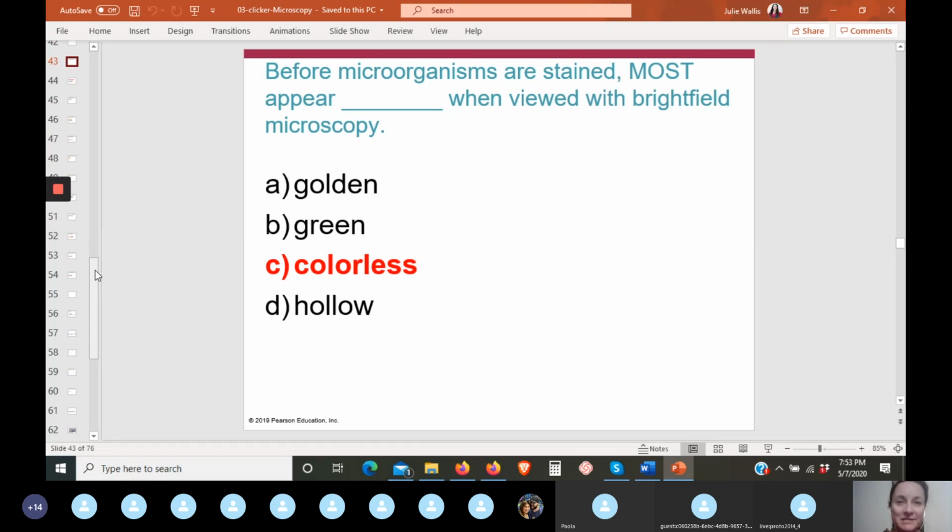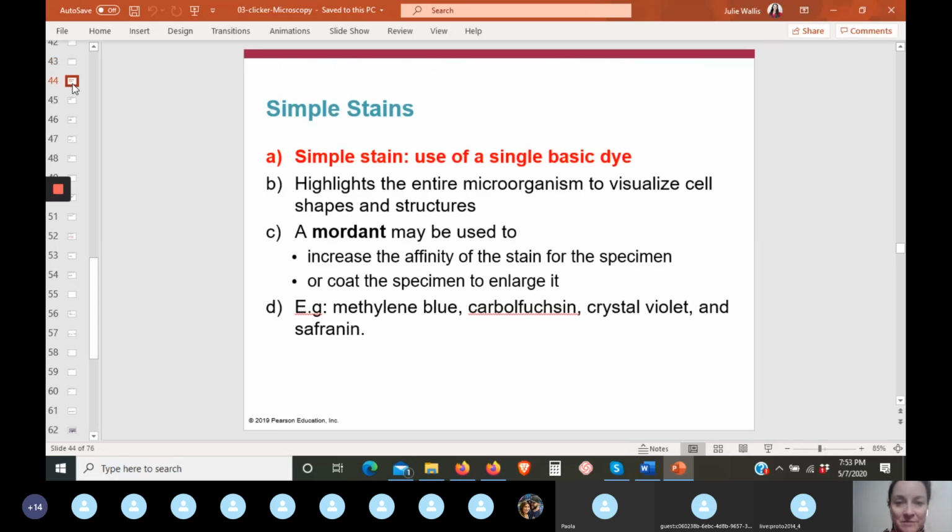So these different types of stains stain different structures and allow us to visualize the organisms. This next section, we're going to learn about the different types of stains and what the uses are. One of the big techniques that you're going to learn is the gram staining, which is kind of fun to do in the lab, and I'm sad that we don't get to do it, but you will get to watch videos about it.